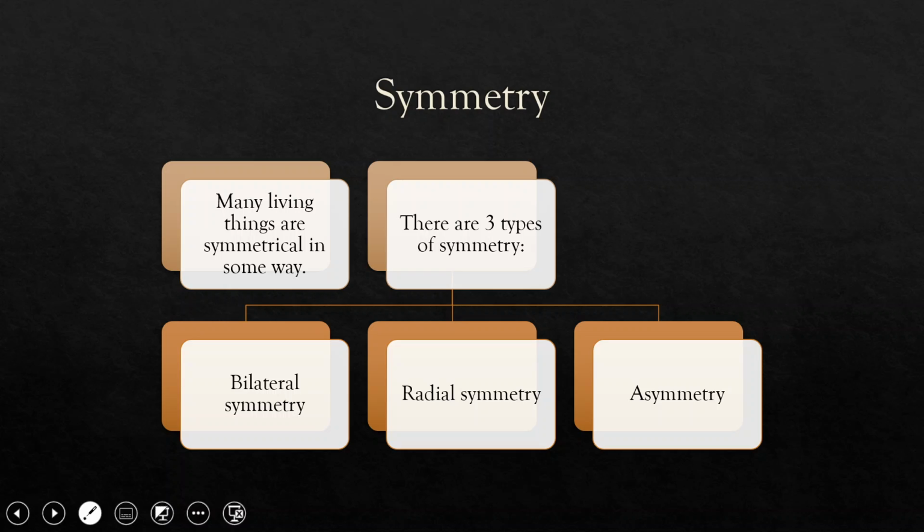We have bilateral symmetry over here. We have radial symmetry. And we have asymmetry. Now, asymmetry is the most interesting of the 3, in my opinion. But bilateral and radial symmetry are also very good. When we look at them, we start to see a lot of different things in general.